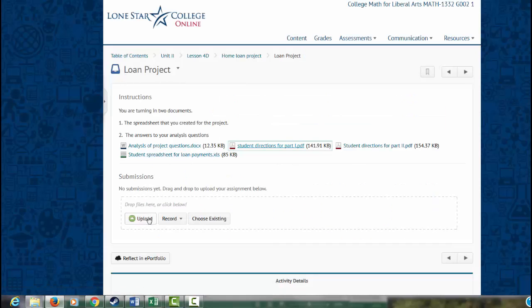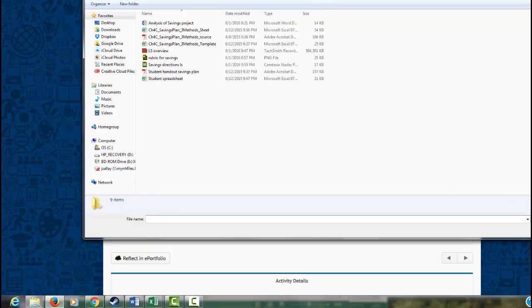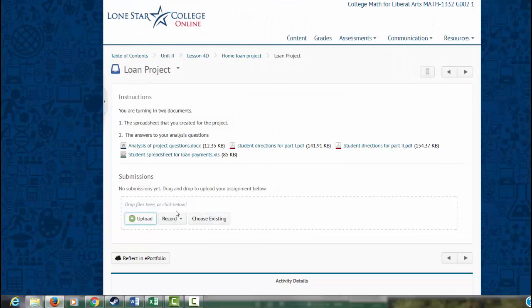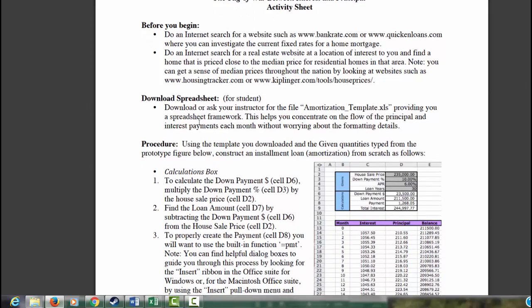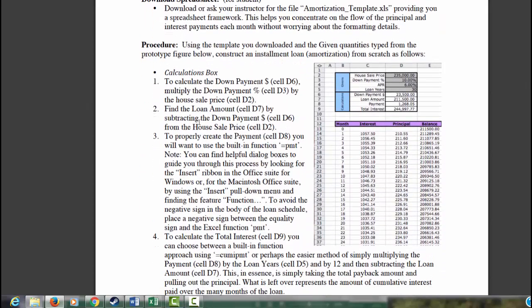And then you'll upload, just click here to upload whatever information you want to upload from your computer, or if you drag and click it here, it'll go in there as well. And so you're going to turn in two documents. You're going to turn in the spreadsheet, and then you're going to turn in your answers to those questions. All right, so let's jump over to the actual spreadsheet creation. And this is a little bit of patience here, so bear with.